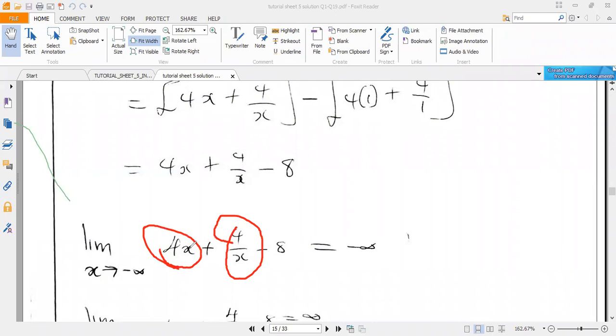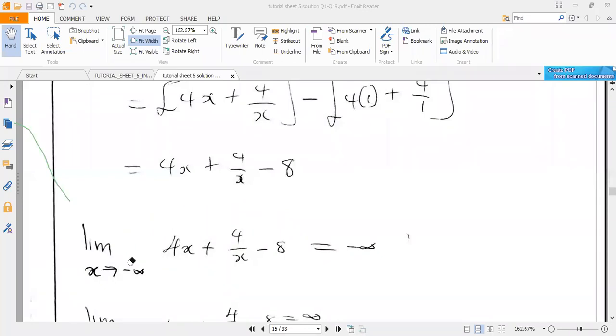When we plug in negative infinity, we have negative infinity as our final answer, because this is the largest term in this function. We normally don't pay attention to a constant; we concentrate on the variable, 4x, which is the biggest one, because the other part goes to 0. So when you plug in there, you have negative infinity as the answer.